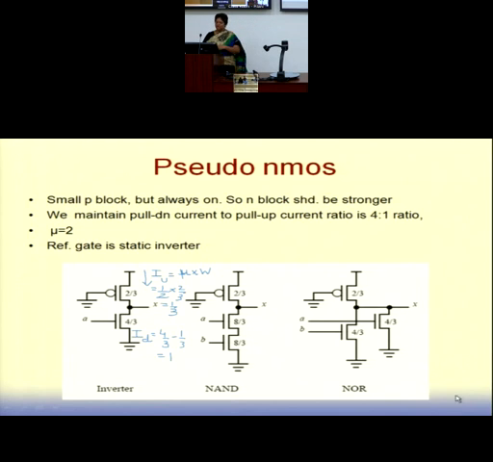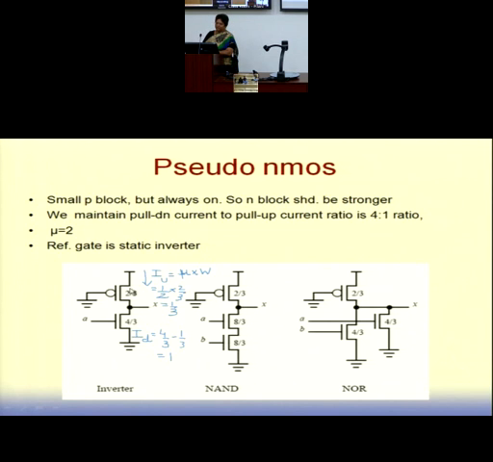Okay. Let us look at pull up. Mu is half here, and the sizing is taken as 2/3. So the current through this transistor will be proportional to 1/3. Clear? Current through the pull down transistor will be proportional to 4/3.